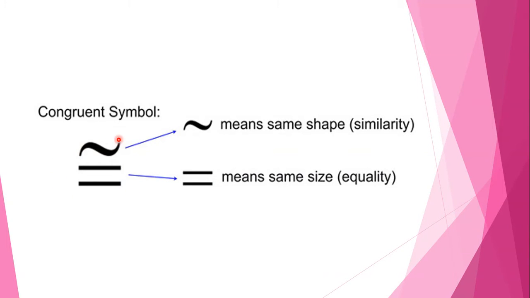This is the sign. The two lines mean the same size, equality, and this curved line means same shape, similarity. So overall, when two figures are congruent, this is how you represent it.